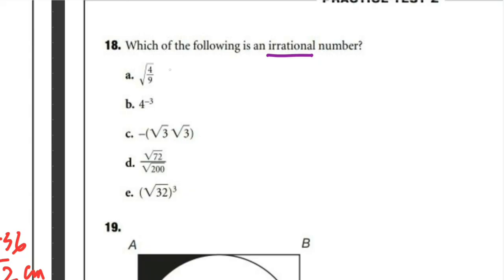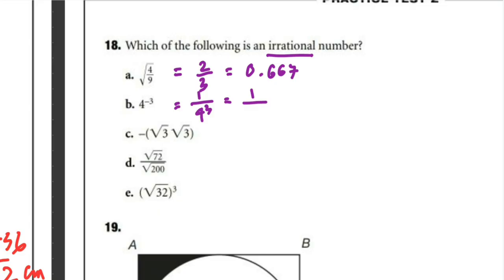So we have the square root of 4 over 9. This is 2 over 3, right? 2 over 3 is repeating, 0.6667. This one is repeating, 66667.